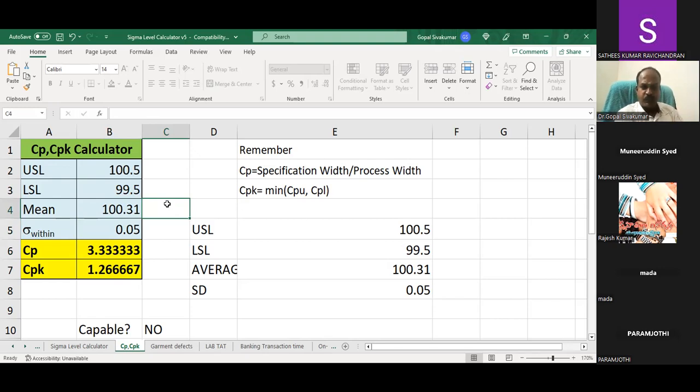I don't think subgroup size is given here. Straight away, they have given only the average and standard deviation. If data is available, we can feed it in Minitab, but importantly, subgroup size should be known. Here, standard deviation is given, so when I open Minitab, I will see whether it can work it out without the subgroup size.